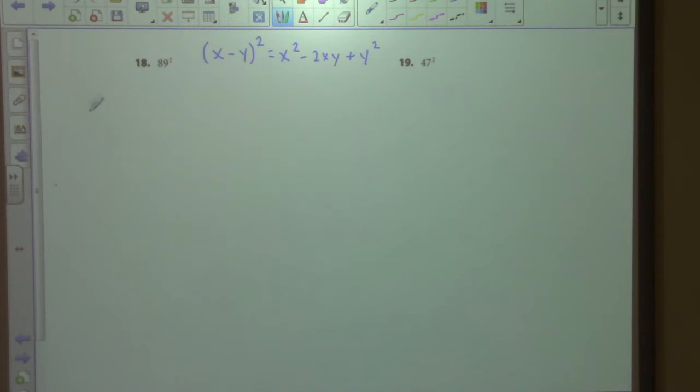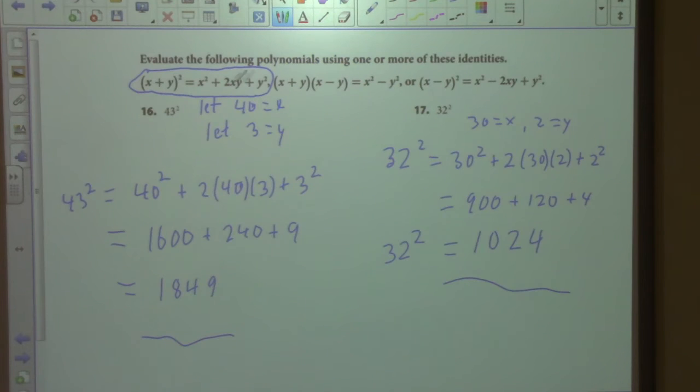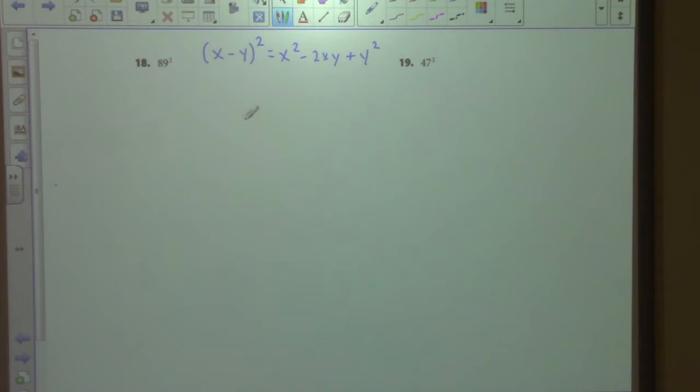Yesterday we left it with using this second identity. We had this list of identities here, and what we did is we have this thing right here, 89, which we can rewrite as quantity 90 minus 1 squared.